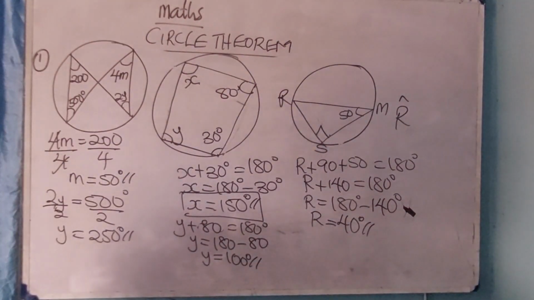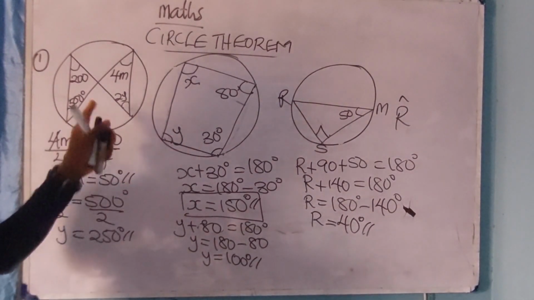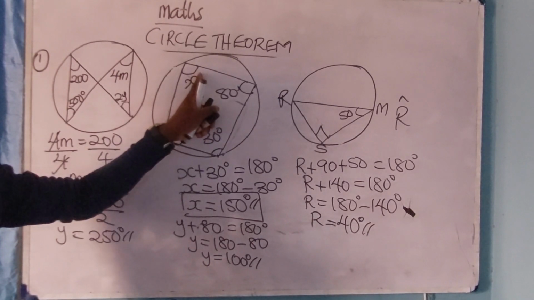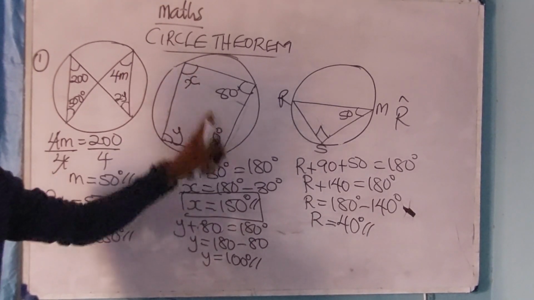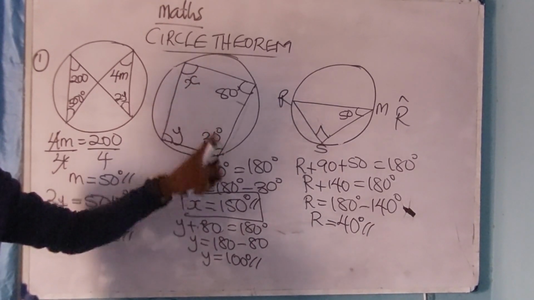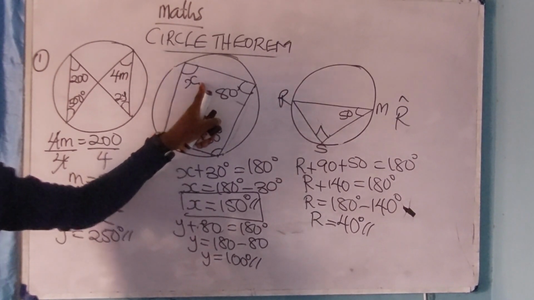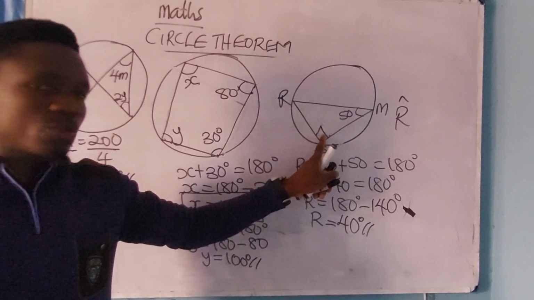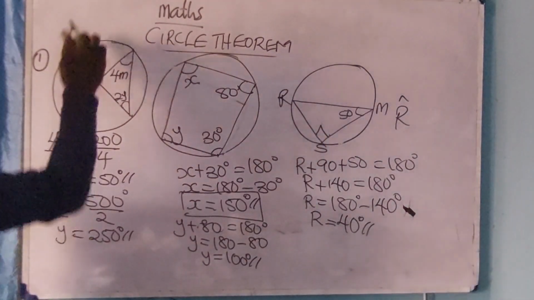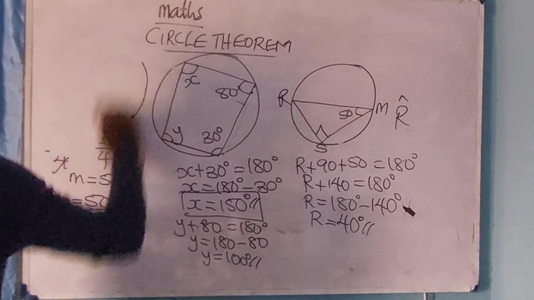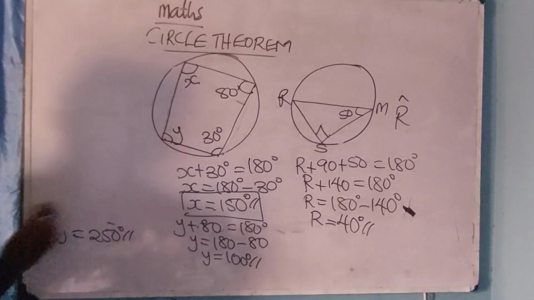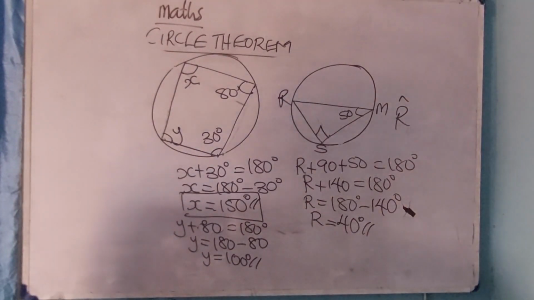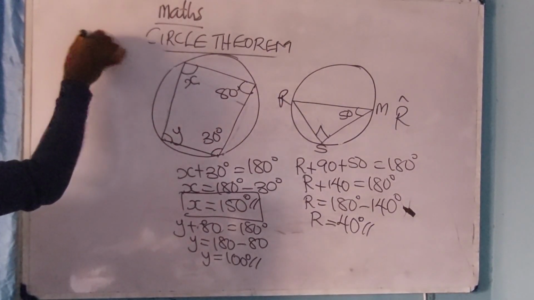Right, so that is for that. Now, the next one: angles at the same segment are equal, opposite angles of a cyclic quadrilateral are supplementary, that is 180, and an angle in a semicircle is usually a right angle triangle. Therefore, an exterior angle of a cyclic quadrilateral is equal to the interior opposite angles.